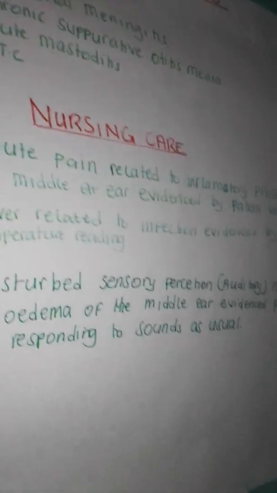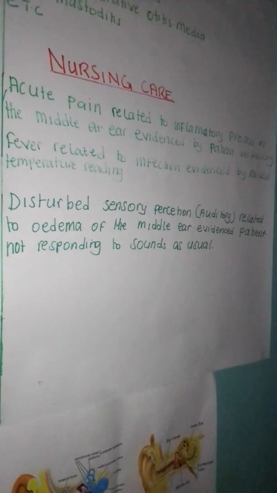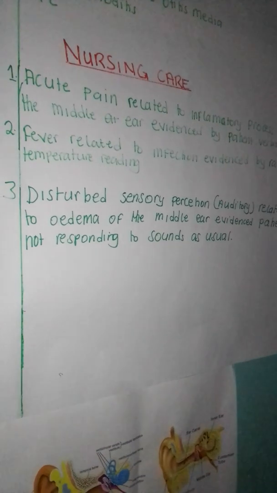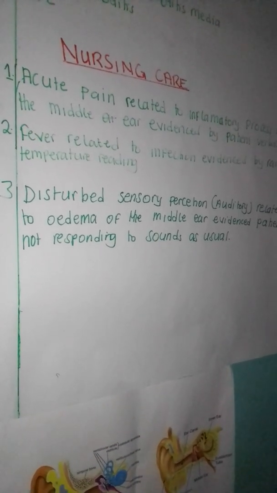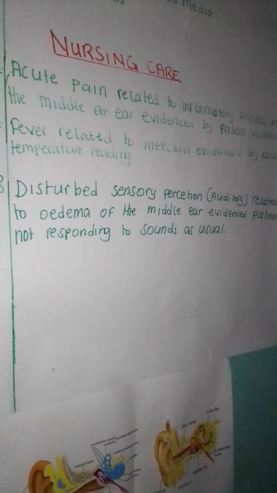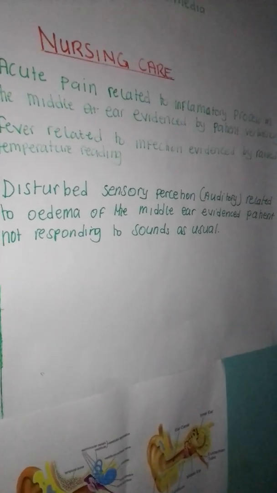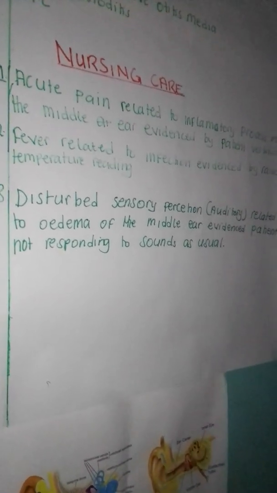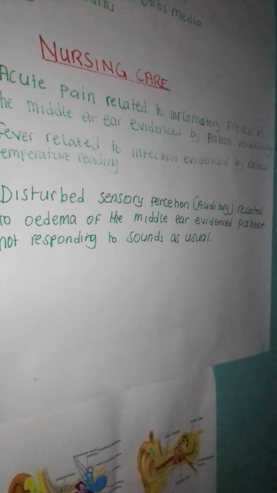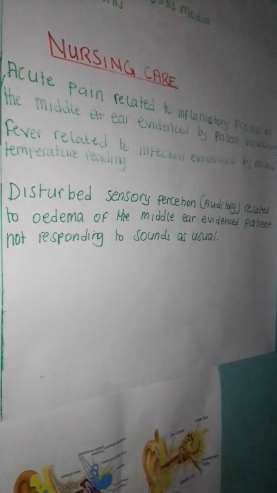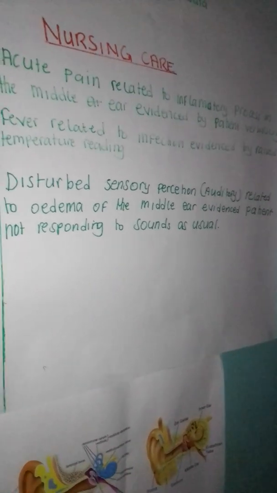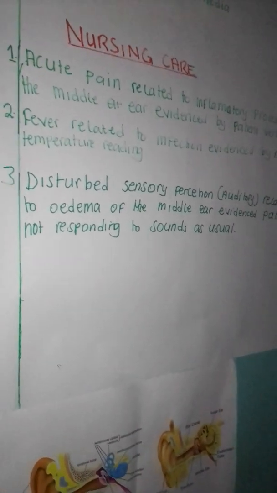In case the patient has been admitted, what nursing care can be given? I've identified 3 problems: acute pain, fever, and disturbed sensory perception, that is auditory. The nursing diagnoses are: acute pain related to inflammatory process in the middle ear, evidenced by patient verbalizing, or if it's a child, crying.